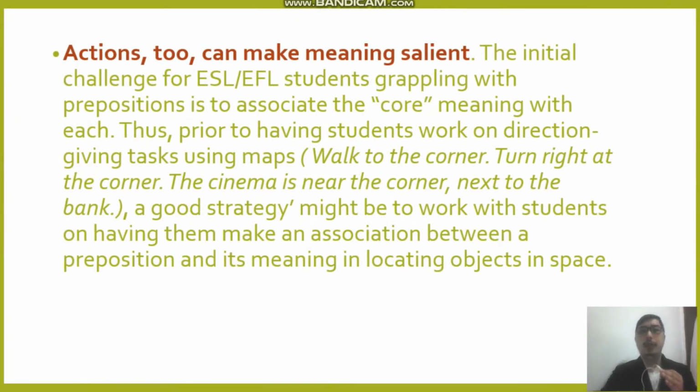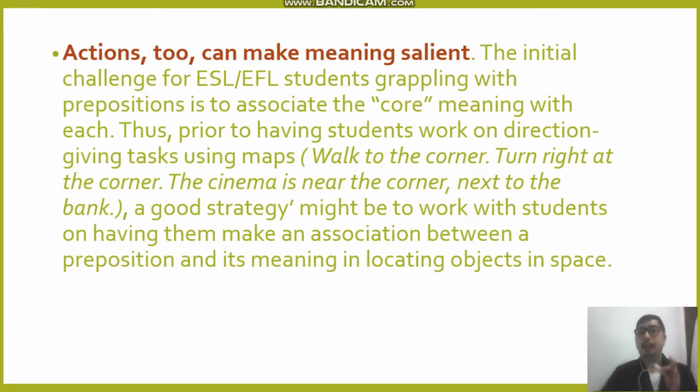Actions too can make meaning salient. The initial challenge for ESL/EFL students grappling with prepositions is to associate the core meaning. So usually students would have difficulty associating the core meaning with each preposition.